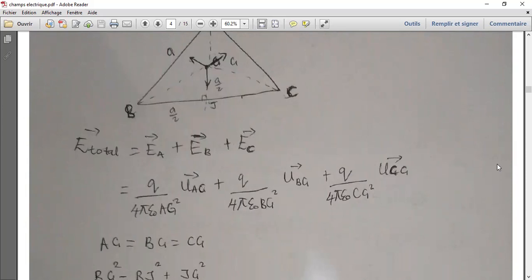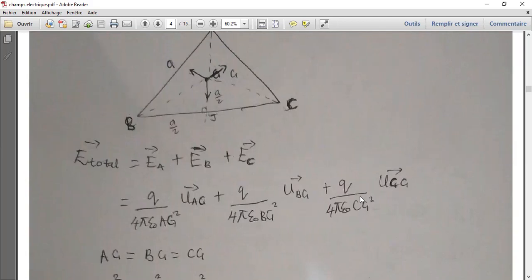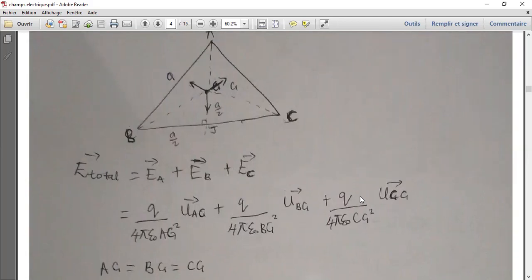So the first thing we do here is that you have your distances AG, BG, and CG. I have to find their values, because AG, BG, CG don't really have a significance. It will be difficult for me to do the calculation with just writing AG.